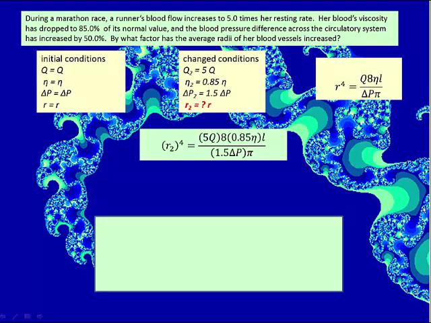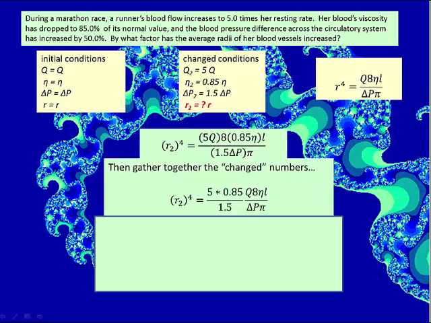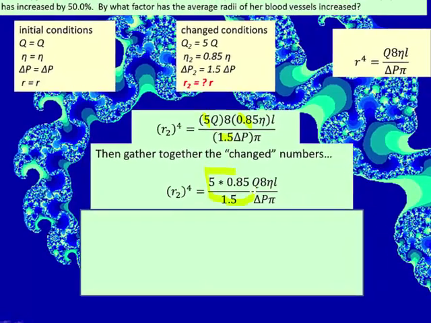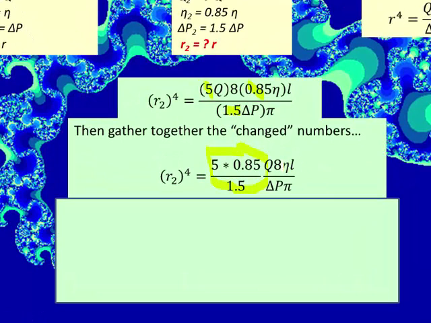Okay? After you do that, you're going to go ahead and gather together the numbers that actually changed. So the numbers that changed included this 5 and this 0.85 and this 1.5, and so I gathered them all together right in here. Notice I left the 8 in the problem because that's part of the original equation.